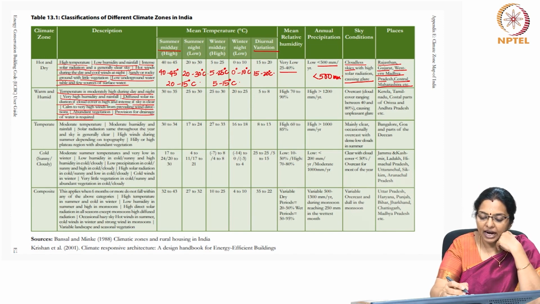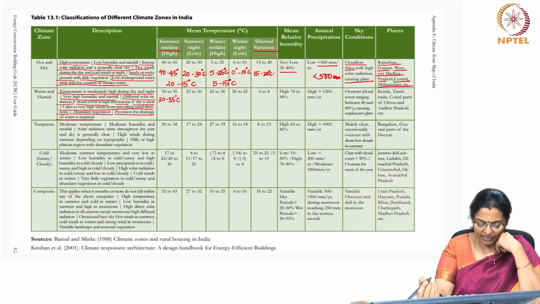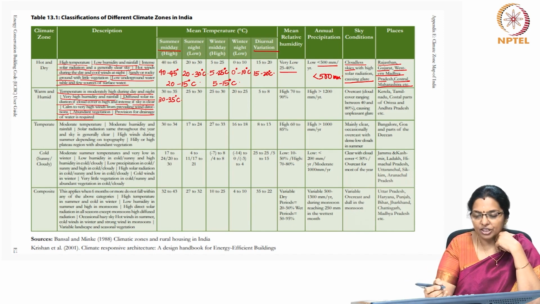Summer midday high temperature ranges between 30 to 35 degrees centigrade as far as Bansal and Minke and Krishnan et al. says, Arvind Krishnan. But actually warm and humid, the temperature soars much beyond this and reaches even 40 degrees centigrade. Summer night, yes, between 25 degrees to 30 degrees Celsius. So what happens is in summer, the diurnal variation is about 5 degrees.